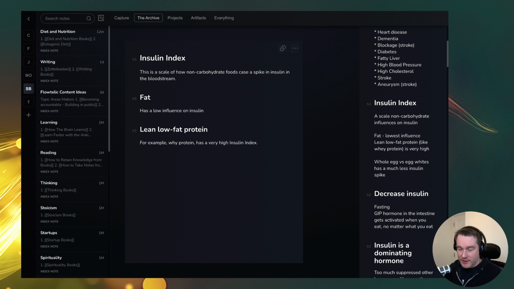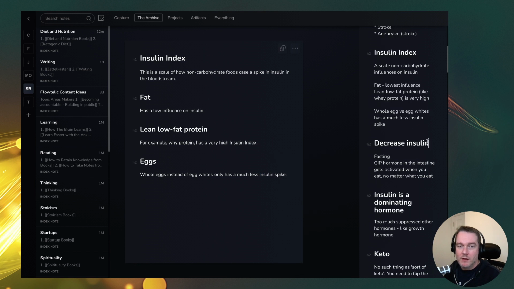In other words, if you're eating whey protein, you spike your insulin, essentially. And then we're looking at whole eggs versus egg whites only. Whole eggs instead of egg whites only has a much less insulin spike.